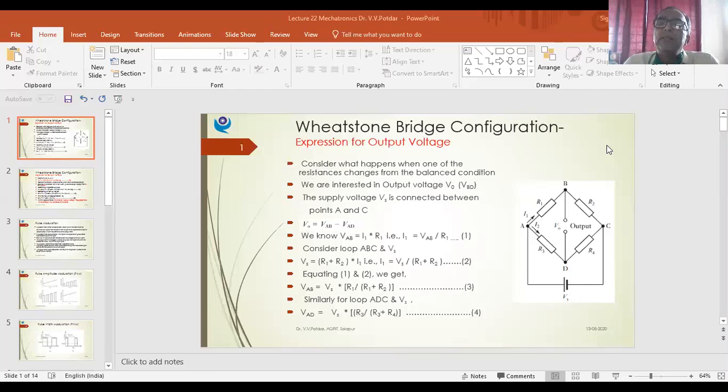The resistance change. Let that resistance change be due to strain change, or let it be due to temperature change. Whatever is the cause of resistance change, that resistance change is converted into voltage change. So Wheatstone bridge is one such converting circuit.